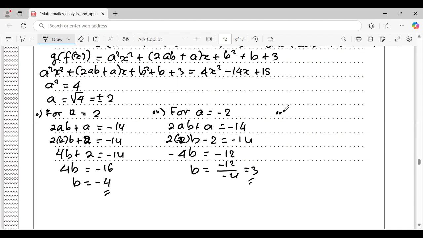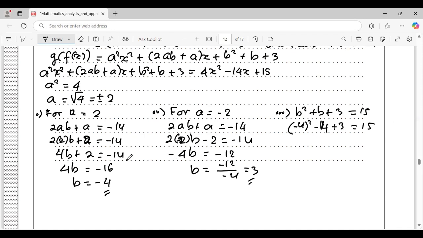Next, for this one, b squared plus b plus 3 equals 15. If you substitute b equals minus 4 and b equals 3, so if this is minus 4 squared, minus 4 plus 3, it is 15.